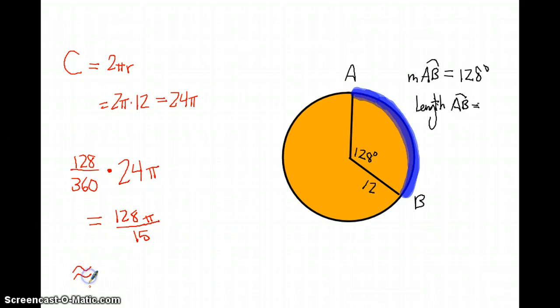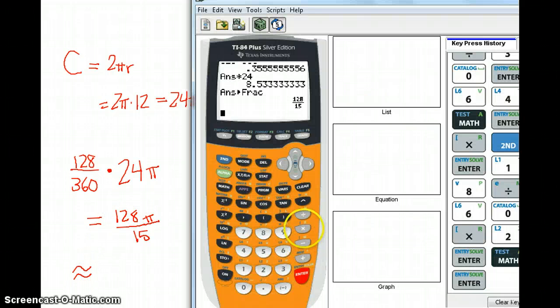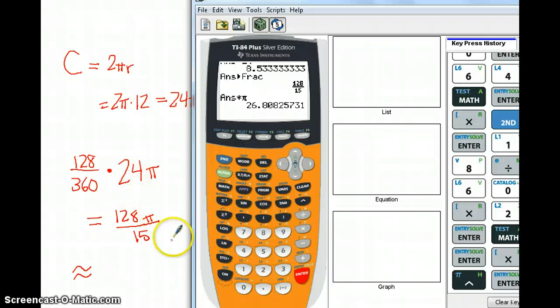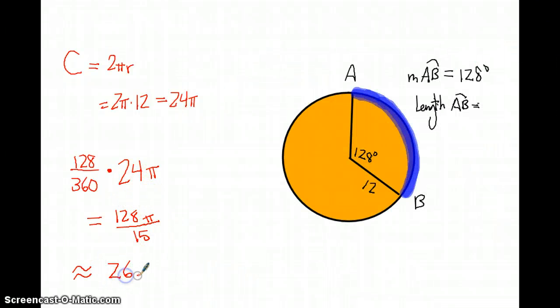And that also equals an approximate answer like 26.808, I'll say. Did I get that right? Second thoughts about that. 26.808, yeah, sure. Okay, so about that many whatever units. This is in centimeters, whatever.